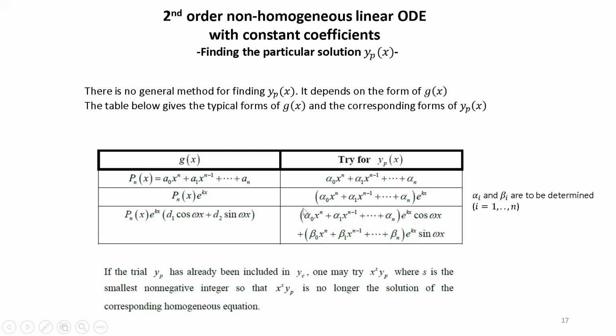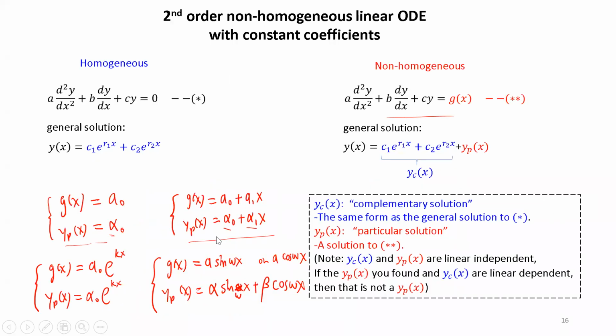If more complicated, polynomial times exponential times sine or cosine terms, then this is the form that you try for the particular solution. Usually it won't be that complicated; these couple of cases will be enough to cover what you'll be seeing most of the time.